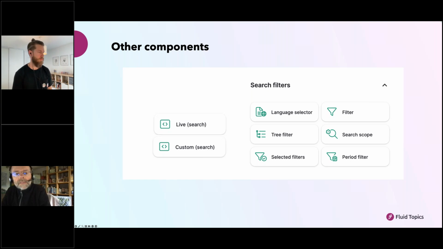The way they work is quite identical to the custom and live legacy components, let's say, but with this specific search component, you will have access to the search context variables. That means that you will be able to interact using custom JavaScript with the search context. And that's also absolutely powerful.